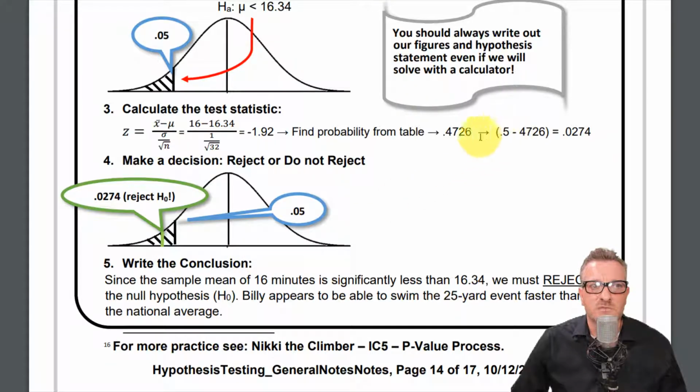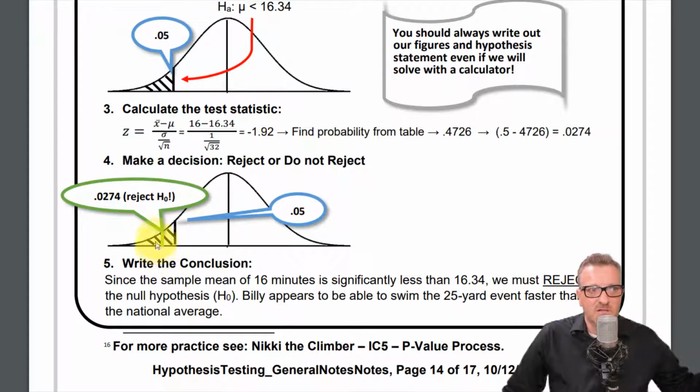So what we do is we take the 0.5 and subtract the 0.4726, and it's going to be way out in the tail, and this is where this value will be.